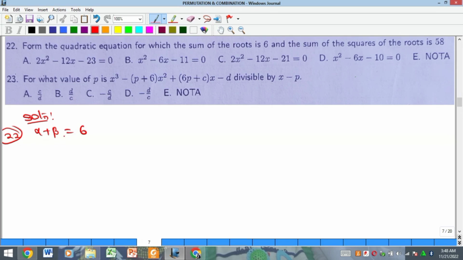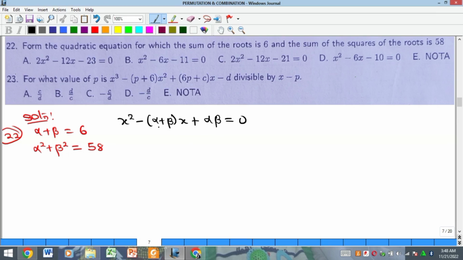And then the sum of their squares, alpha squared plus beta squared, is equal to 58. Now remember that every quadratic equation is of this form: x squared minus (alpha plus beta) times x, then plus alpha beta, and that is equal to 0.